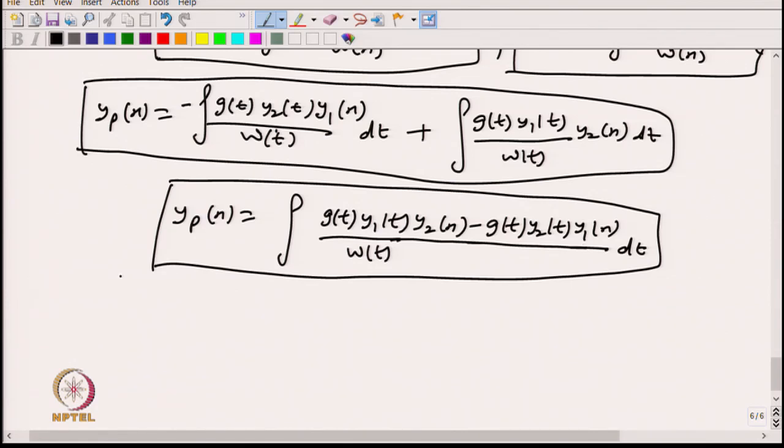So, let us do one example. I want to solve this one: y double dash plus 16y is equal to 8 secant 2x.